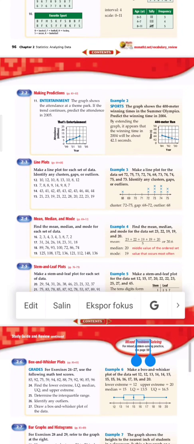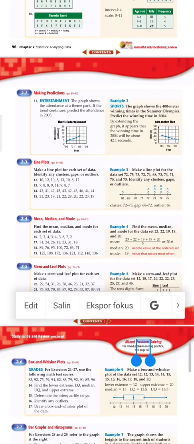Mean, median, and mode. Find the mean, median, and mode for each set of data. Example 4. Find the mean, median, and mode for the data set 23, 22, 19, 19, and 20.